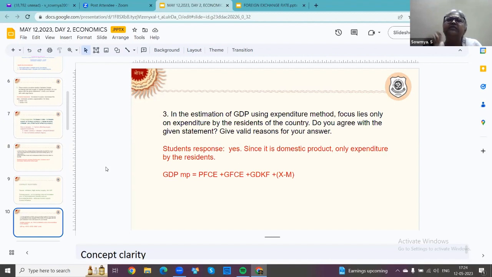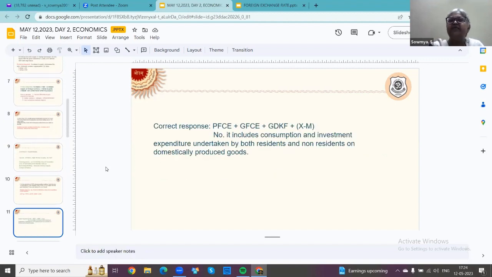So break down the question part by part, make this a habit. And even as you're explaining and discussing answers, if you do that, they will slowly get into the habit of answering really well. So this is what was expected there. The correct response given in the board answer key was: PFC plus GFC plus GDKF plus X minus M. So it includes consumption and investment expenditure undertaken by both the residents and the non-residents on the domestically produced goods.